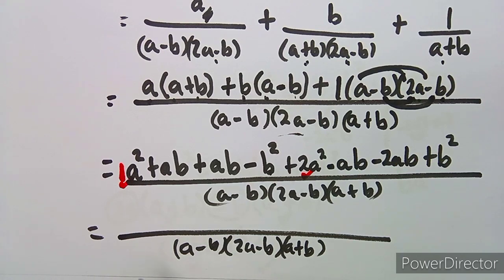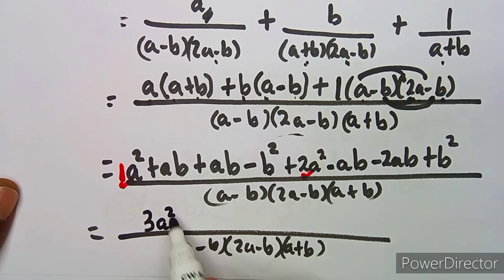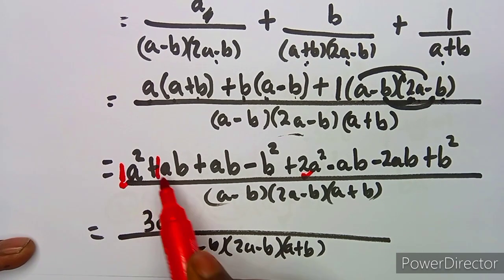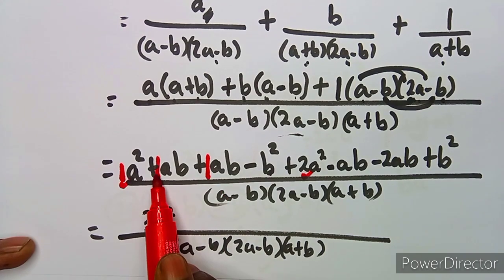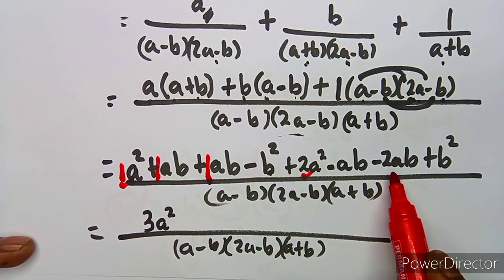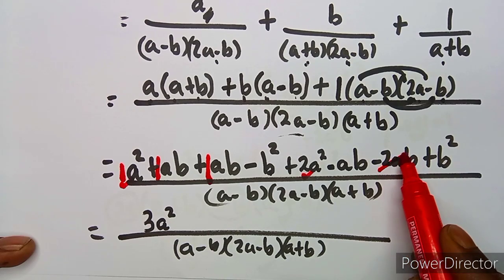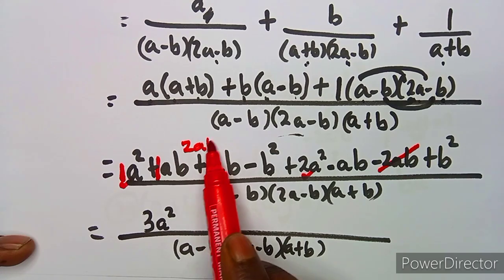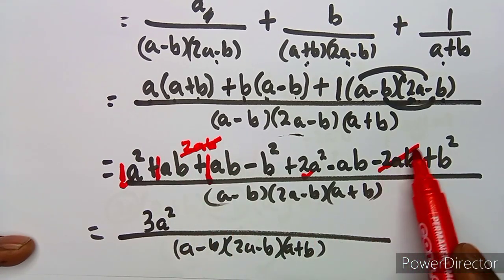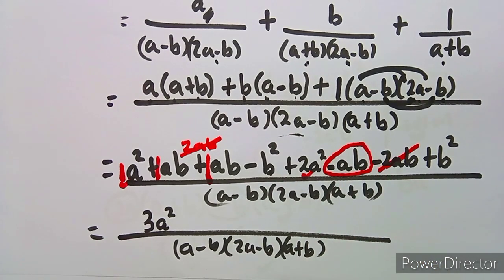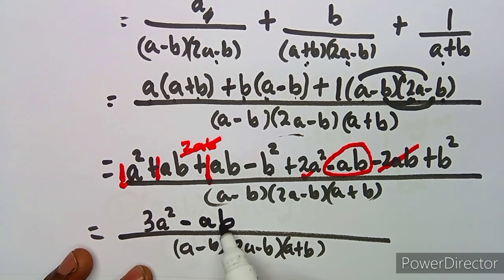Okay, this one is same as we have got 1ab plus 1ab, so 1 plus 1, which is 2ab. All right, then this 2ab and this minus 2ab will actually cancel, which means you are going to be left with minus ab. All right, so we are going to be left with minus ab.